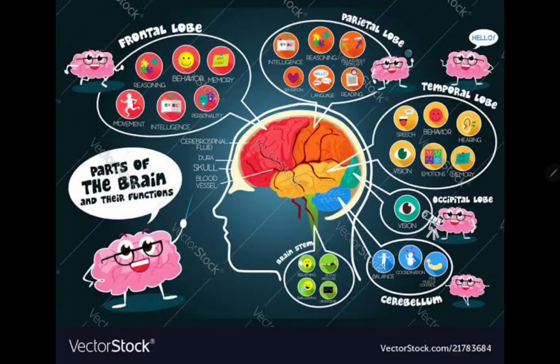Now a question arises, what is the central nervous system? The central nervous system, as I said, consists of the brain and spinal cord. This is the brain and the spinal cord. So the central nervous system is the most important unit in an organism. Why? As it is the center or hub which instigates the information.